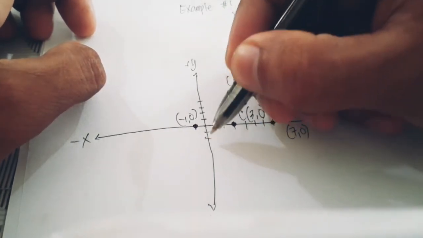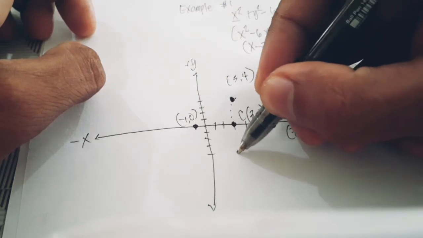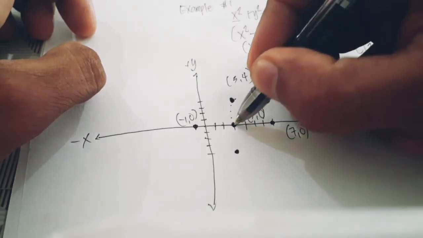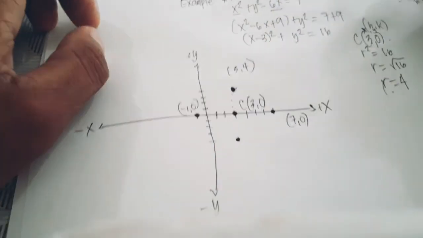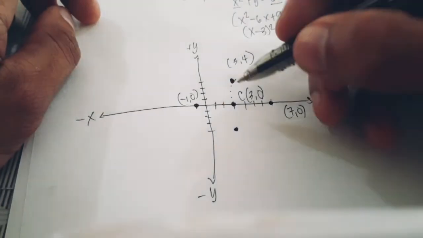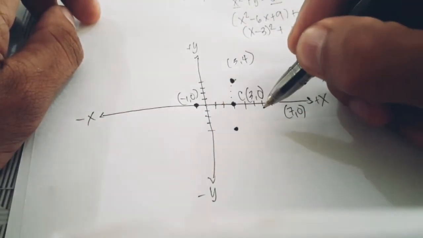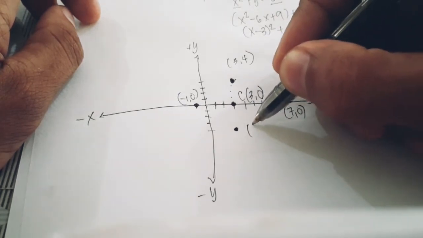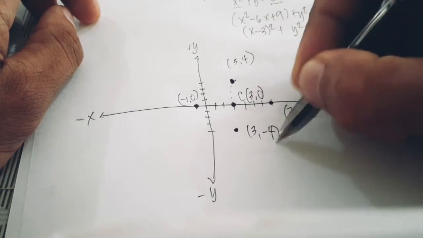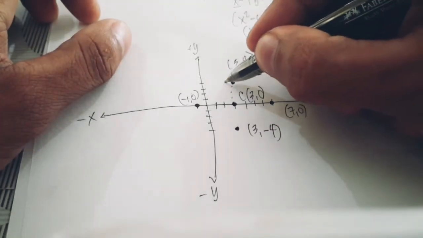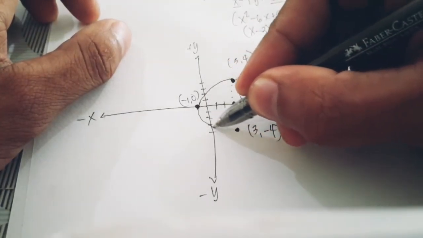So 1, 2, 3, 4. This one is (3, negative 4), since the lower part of the graph is negative. Okay, so our circle will look like this.